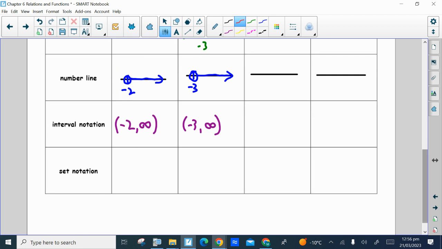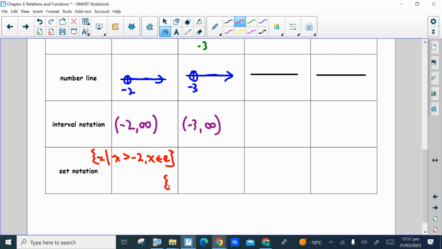And finally, our set notation. Remember, the domain involves x, all values of x, such that we can just say x is greater than -2. And x is an element of real numbers. It's real numbers because the graph is a line, which means continuous data. All fractions, all decimals, all integers greater than -2. That's what real numbers are.